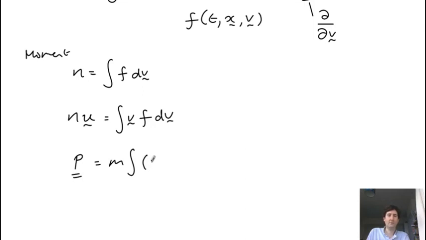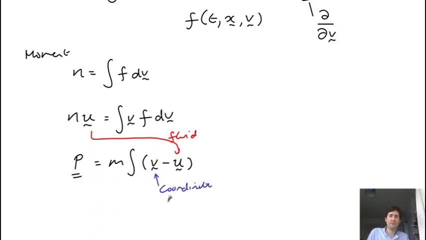Now we end up with equations which depend on the difference between the kinetic velocity, which is v, the velocity of the particle, and the average speed of the fluid, or velocity of the fluid, which is this u here. So this u is the fluid, whereas this v here is the coordinate, essentially the kinetic.